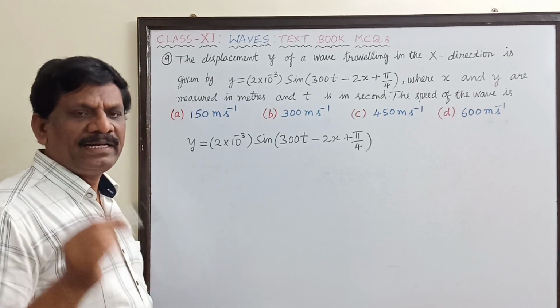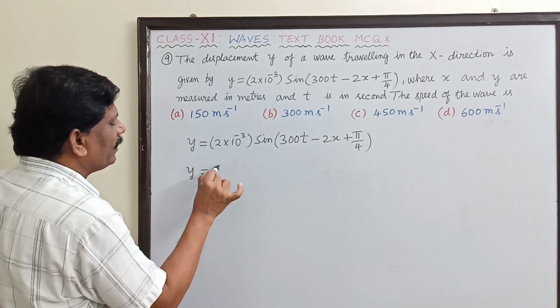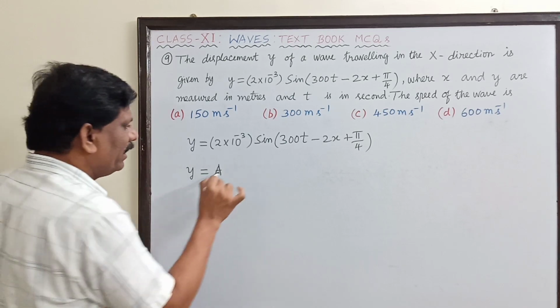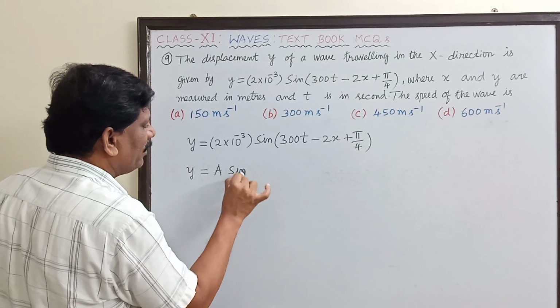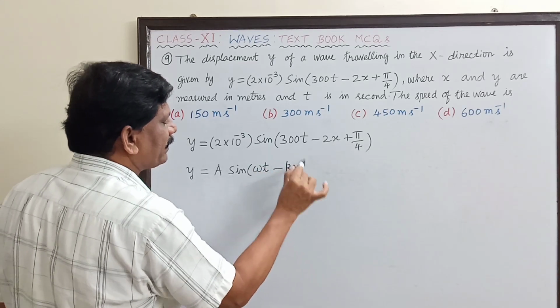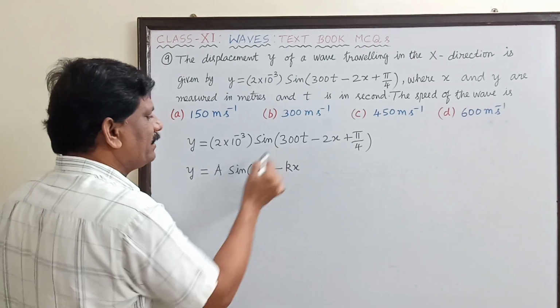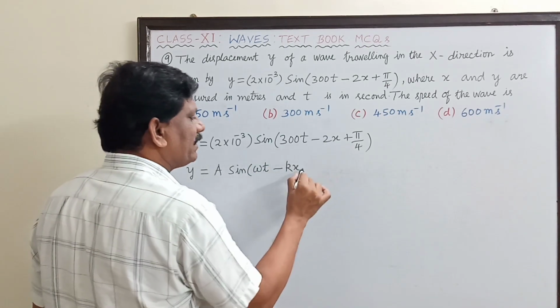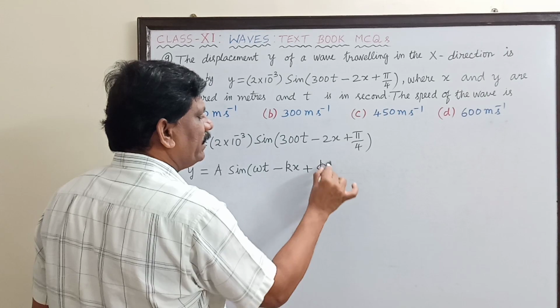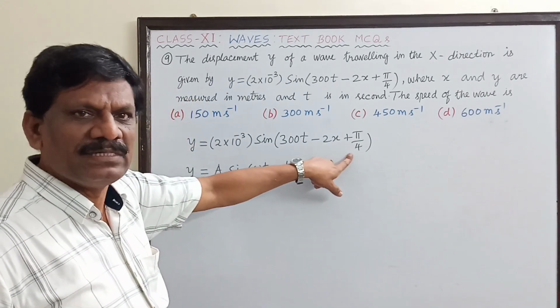Now what is the standard equation for a plane progressive wave? We have written y is equal to amplitude A into sine of (omega t minus kx), or kx minus omega t also we can take. Here it is given in that format, omega t minus kx plus the initial phase or epoch phi naught. That is pi by 4, isn't it?